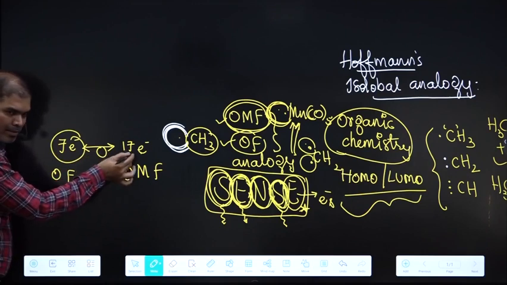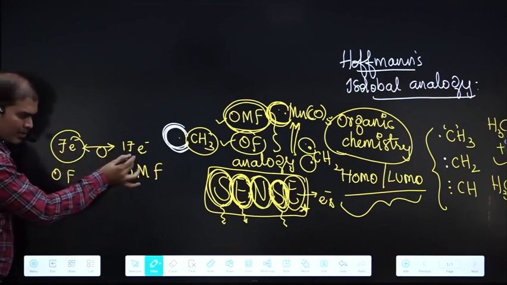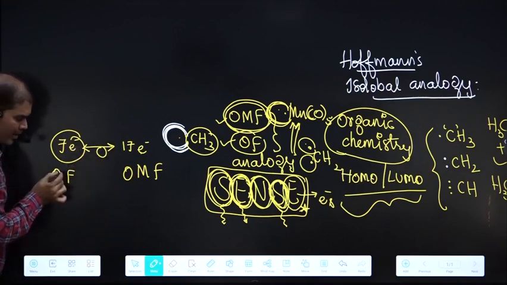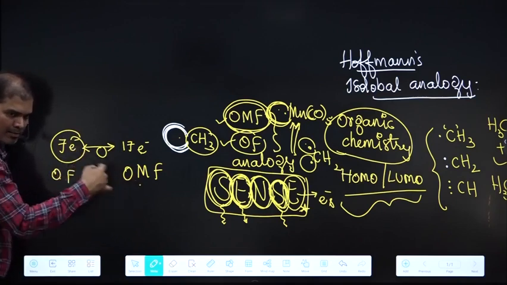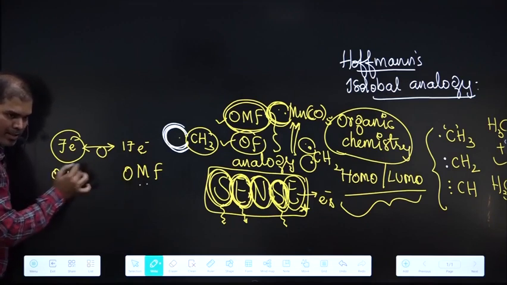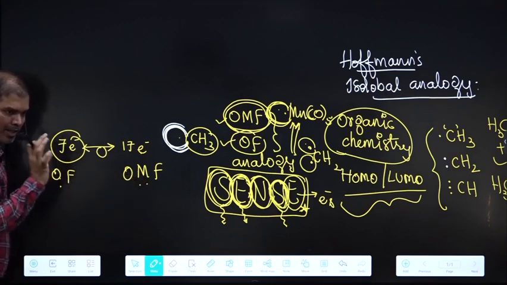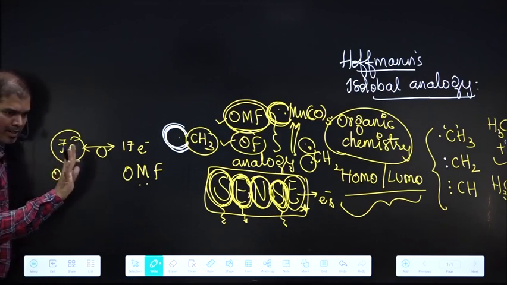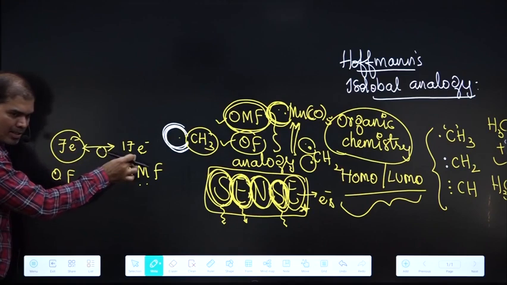There are d orbitals in this. These two, I can call isolobal. When can I call it isolobal? Whenever the number of orbitals present in the frontier zone, their shapes, their symmetry, approximate energy, and the electrons occupying them are similar, they need not be identical. Then I can call them isolobal.